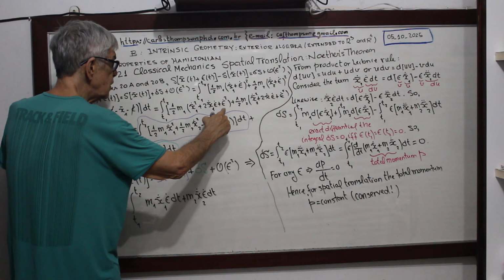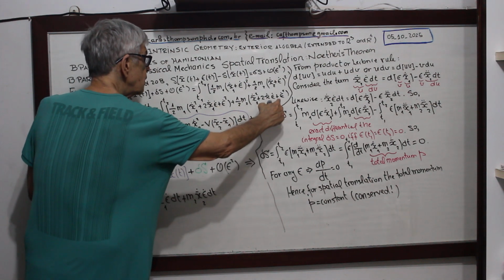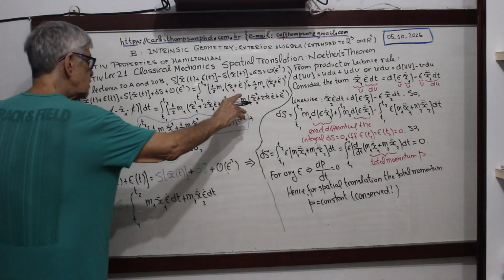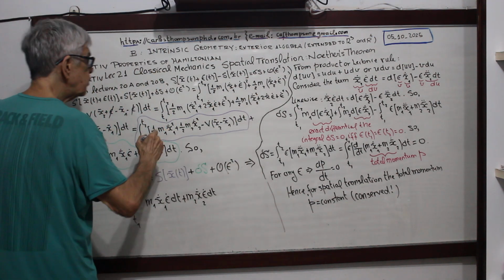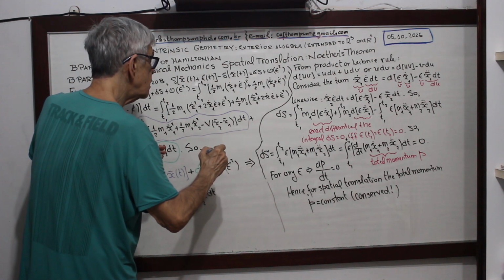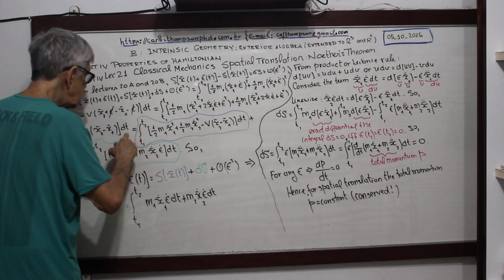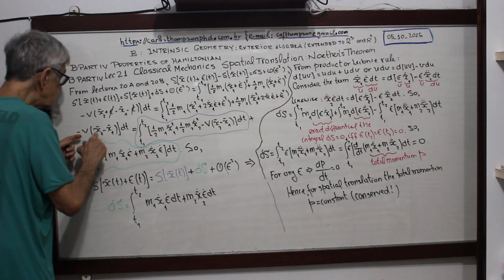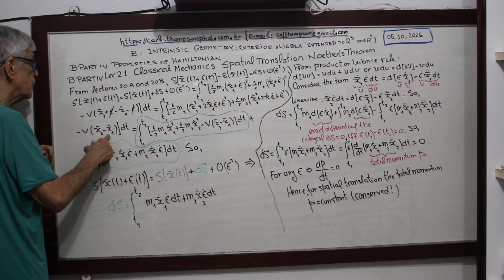So this is equal to this, plus 1/2, this is the expansion of this square. So that's easy, okay? Now, I forgot here, dt is over here. Minus V, attention now, V is a function of this difference.